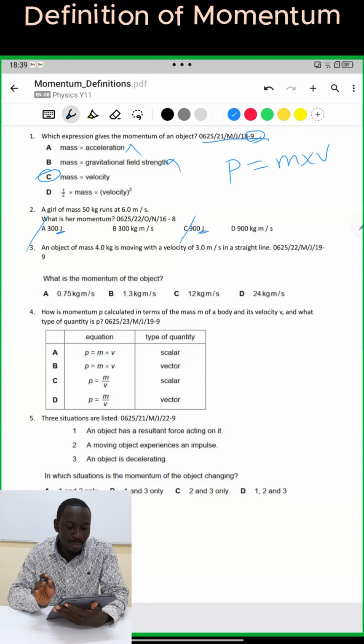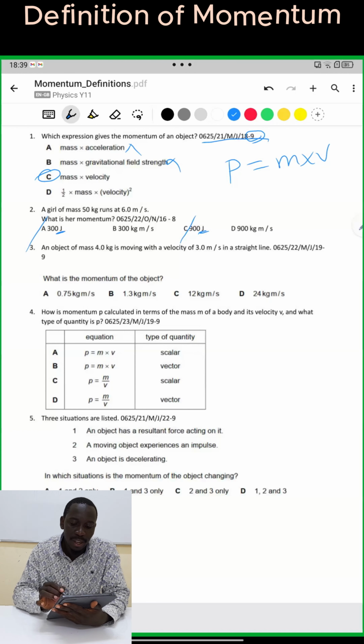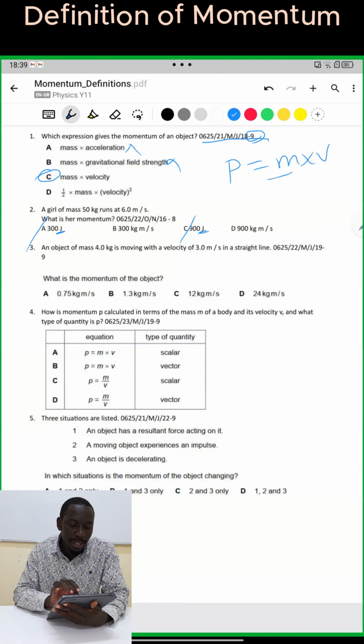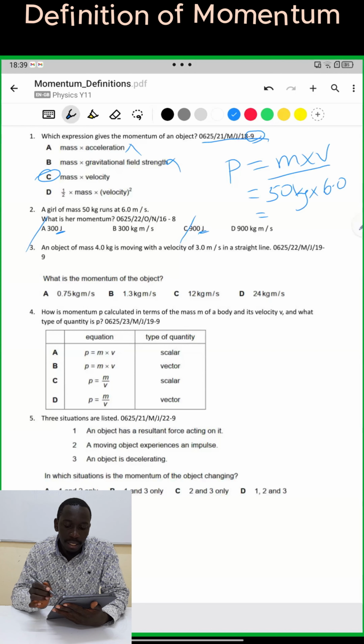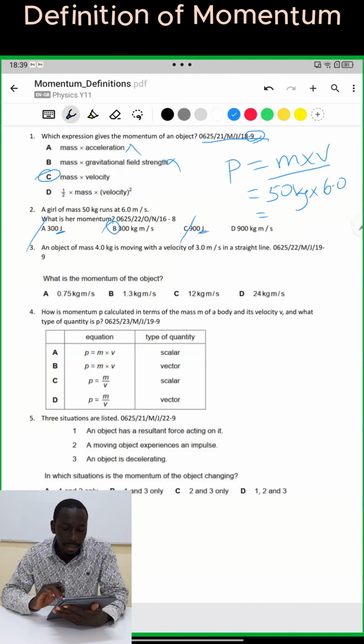The formula for calculating momentum is mass times velocity. That means 50 kg times the speed, which is the magnitude of the velocity, 6.0. 5 times 6 is 30, so that will give us choice B, 300 kilograms meters per second.